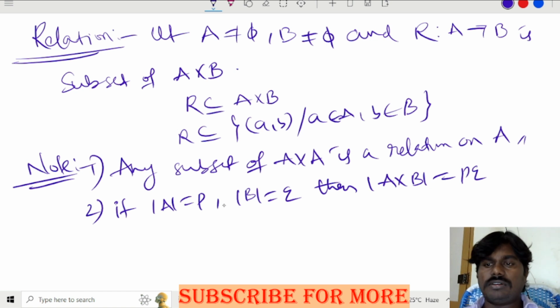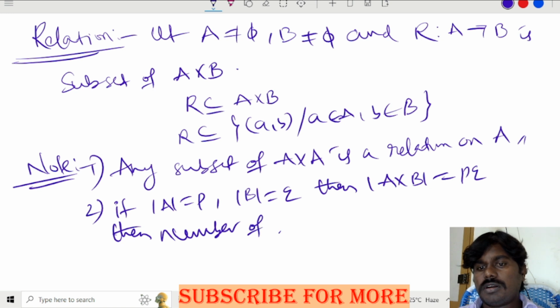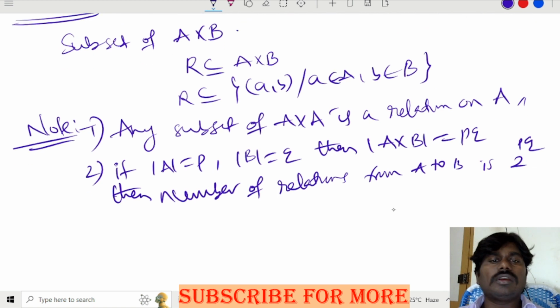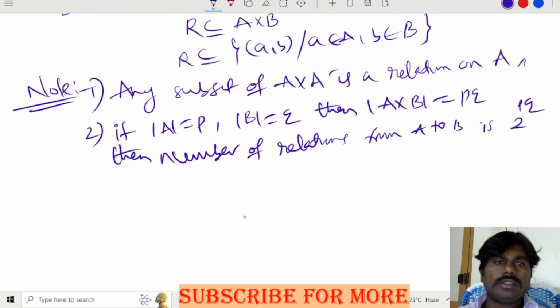So here also we will use the same technique. So the number of relations from A to B is 2 power PQ. Okay, so this is one more point.